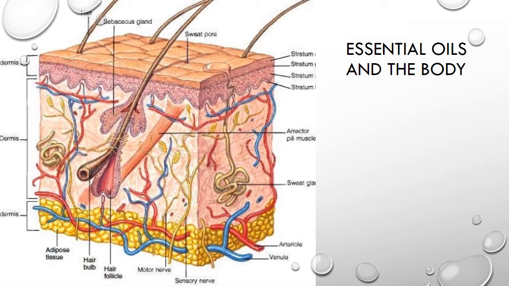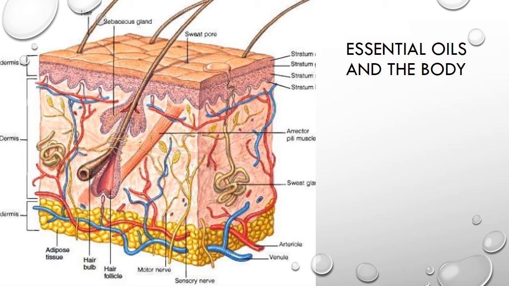If it's able to enter that, then it will enter our bloodstream and it will actually have more of a whole body effect. Now, if it doesn't enter the blood vessels and it is able to just stay on the epidermis, then that means that it will just have a local effect.